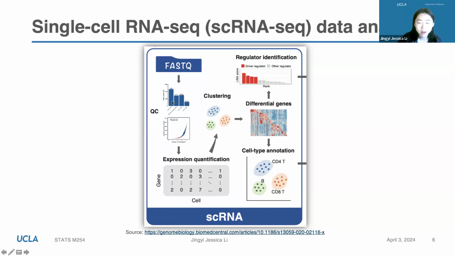Then after the alignment or mapping, you would be able to count how many reads are mapped to each gene. And you would need some other steps, depending on your technology, because for single-cell RNA sequencing, many technologies will use a technique called UMI to remove PCR amplification bias.